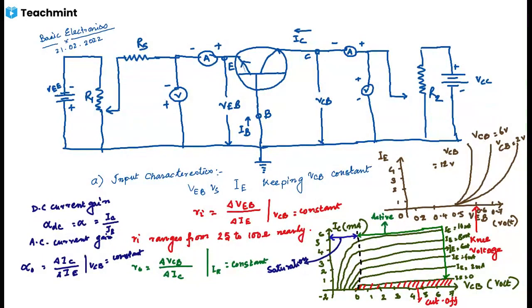So that is for our common base characteristics, that is, input characteristics and output characteristics.